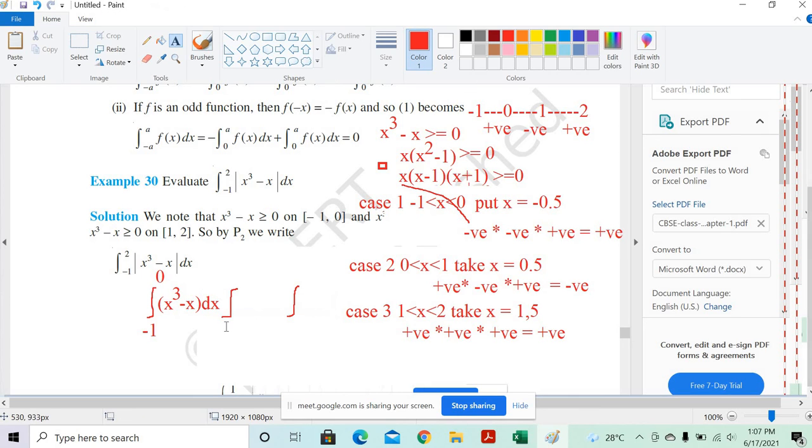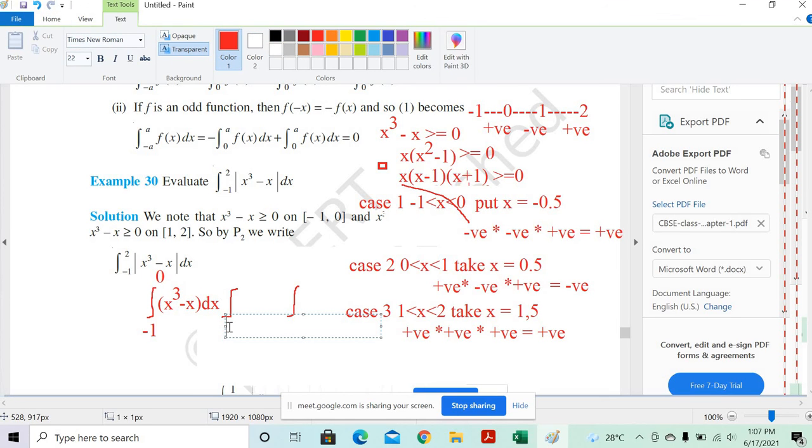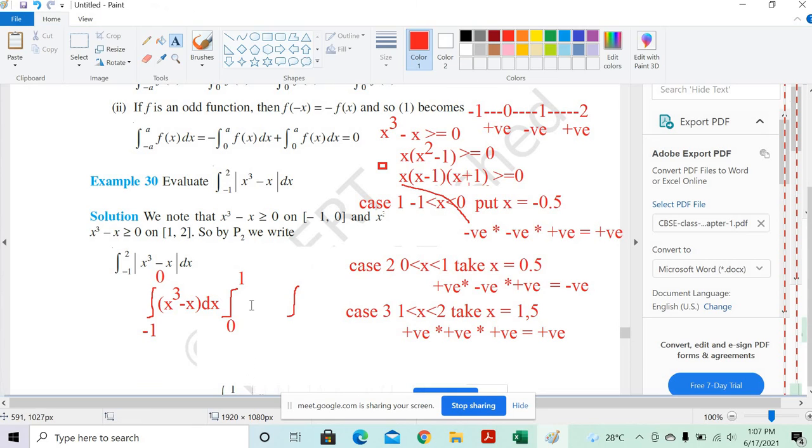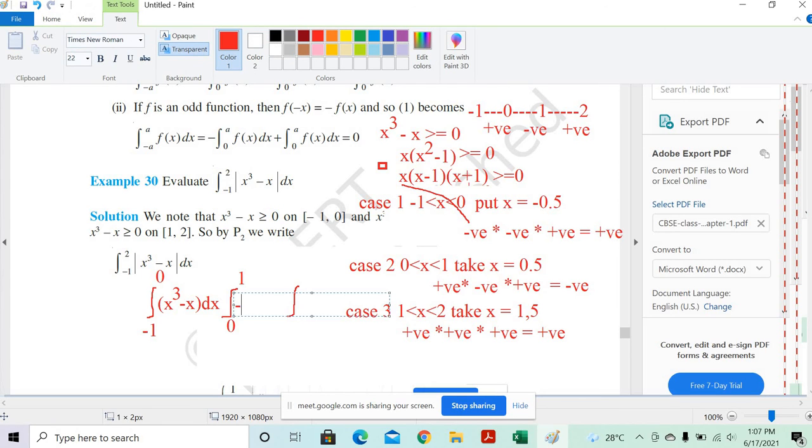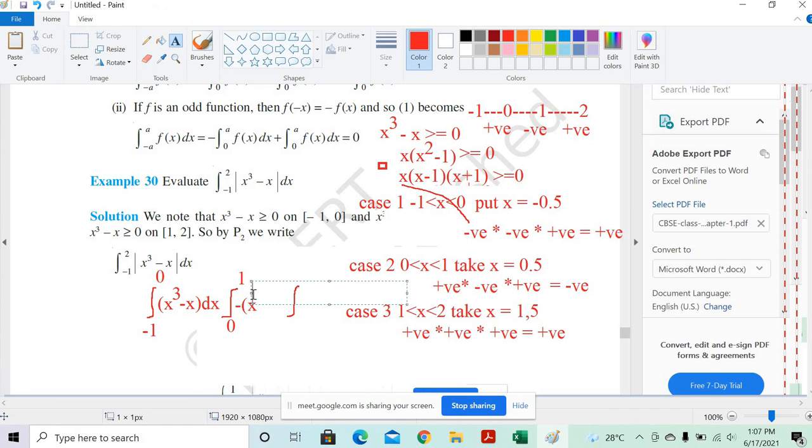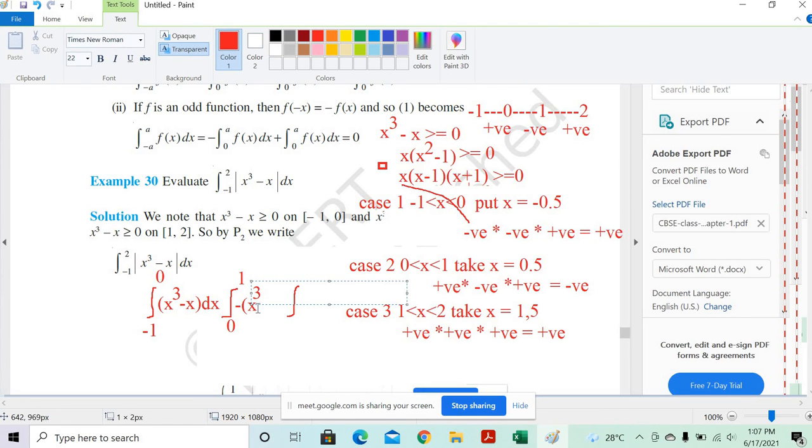Now the limit changes here, it's 0 to 1. Now here this is negative, so we need to put a minus here. We have to multiply with minus here to make it positive. Understood, no?